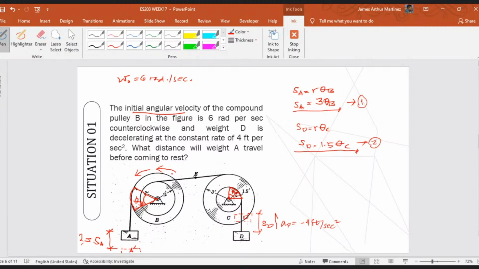Take note, we look at where they are connected. They are connected by this cord.